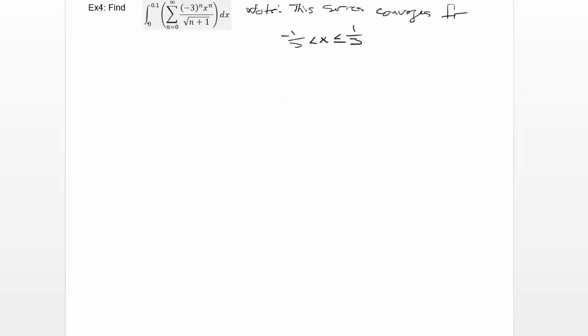And further, the x's we're considering are from 0 to 0.1, and 0 to 0.1 are inside of this interval. They're a member of the interval of convergence, meaning that it makes sense to find the integral of this power series because we're choosing x's that are in the interval of convergence.